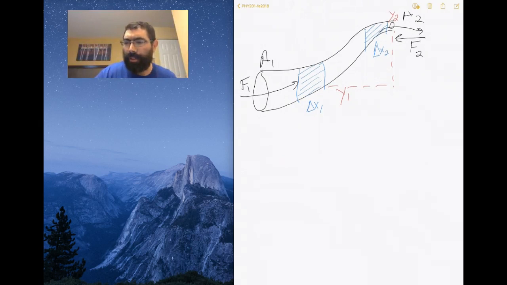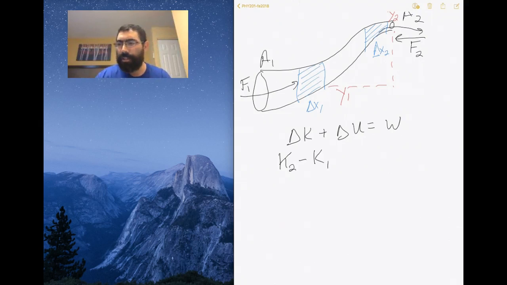So let's look at conservation of energy. The change in the kinetic energy plus the change in the potential energy is equal to the amount of work done. So that's K2 minus K1, the change in the kinetic energy, plus U2 minus U1, the change in the potential energy, is equal to the work, which is work 1 done on the low side of the pipe, plus work 2, the work done on the high side of the pipe.